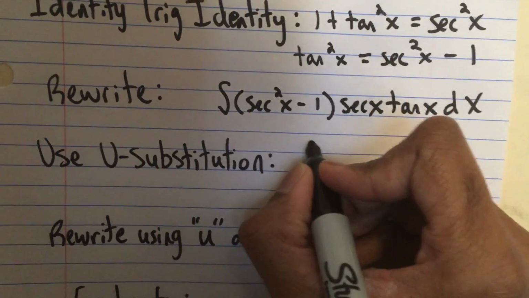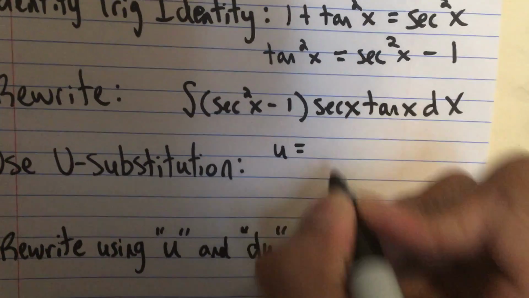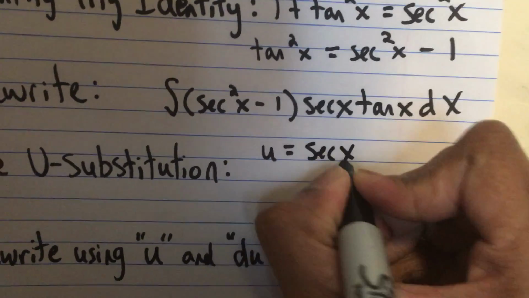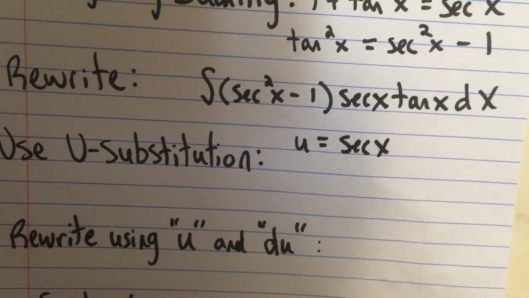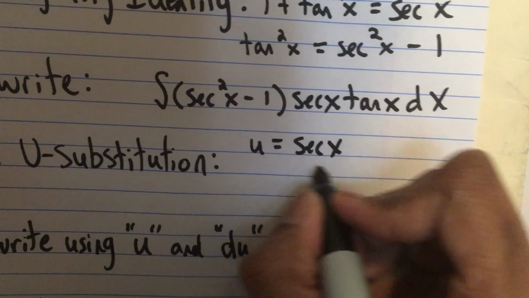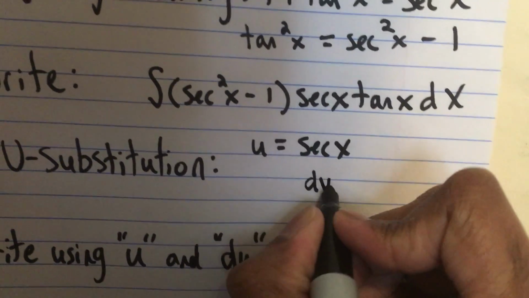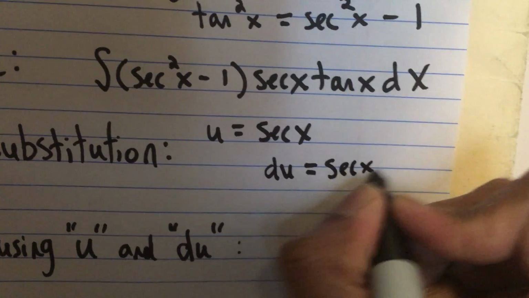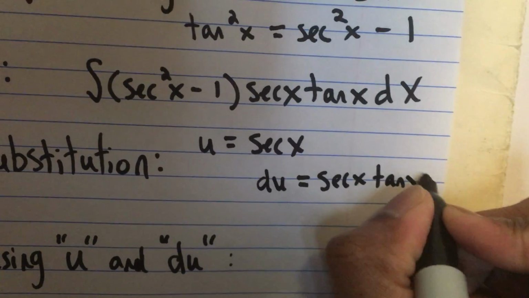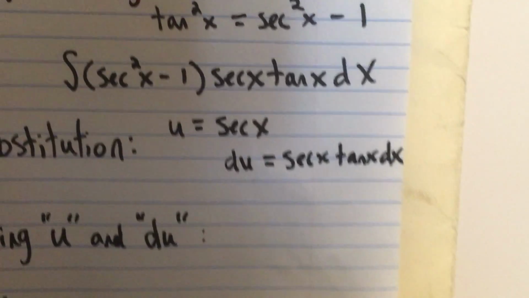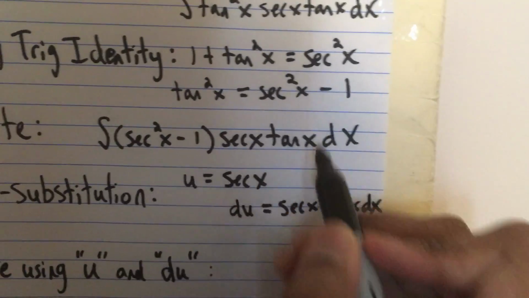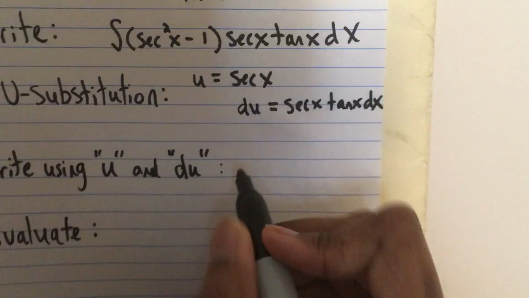If I set u to equal secant x, my du is going to be secant x tangent x dx. Notice that they're both positive, so we don't have to do any negatives.